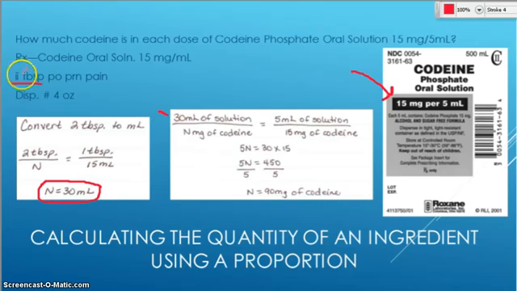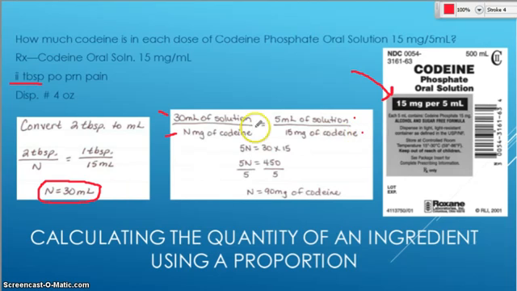How much drug is in that dose? So I wrote my question on one side of my proportion, 30 mils over N milligrams of codeine. And then from the label, I put what I know about the medication: that in every 5 mils, there's 15 milligrams of codeine.